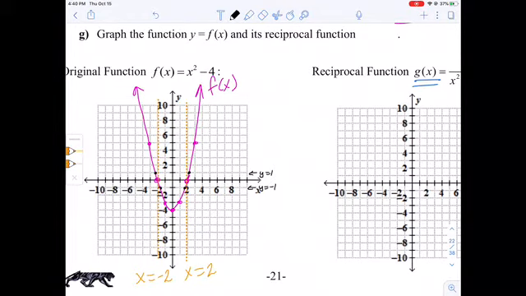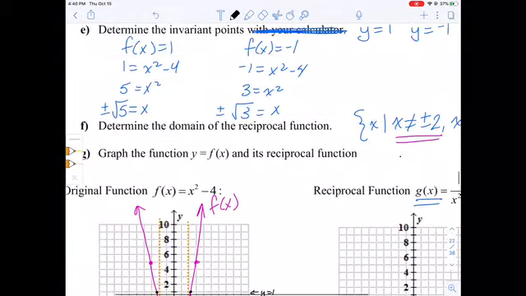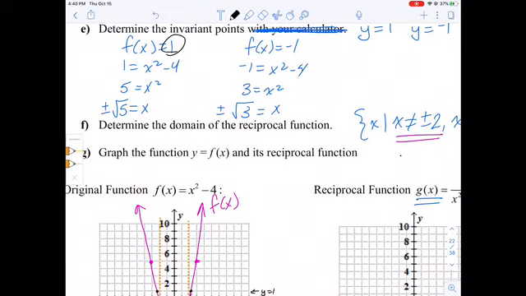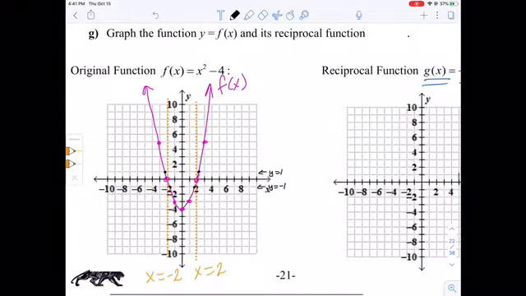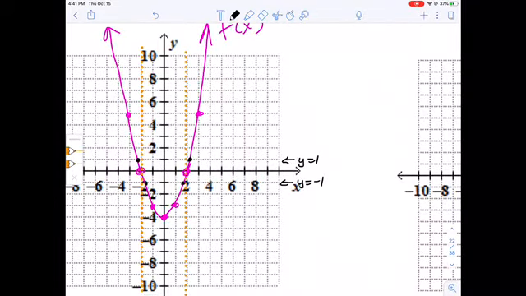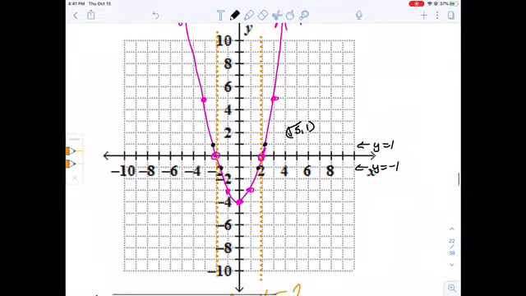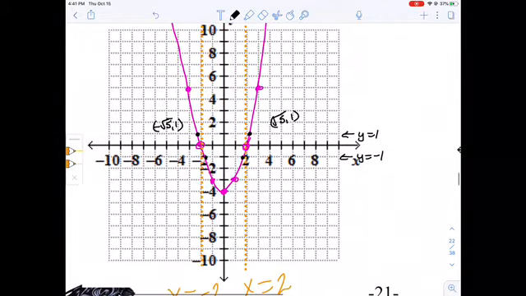And now I even know what those values are because we just calculated them. When y is 1, or the value of my function is 1, x is plus or minus root 5. So this point here would be root 5 comma 1, and this point over here would be negative root 5 comma 1.